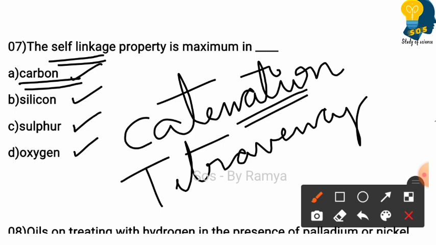This linking property between one atom and another atom we call catenation. So you can cover two points here: self-linking property is maximum for carbon. So carbon is the correct answer, not silicon, not sulfur, not oxygen.